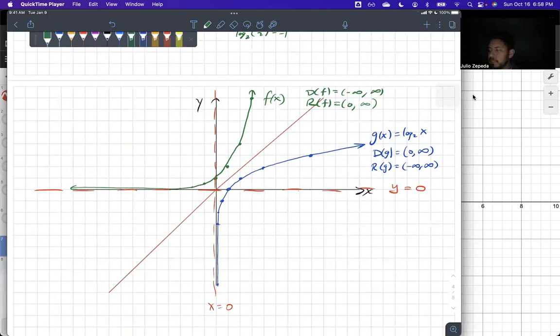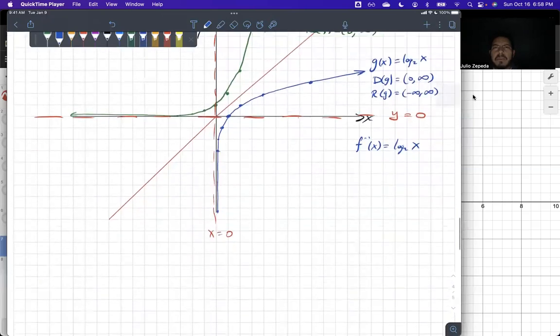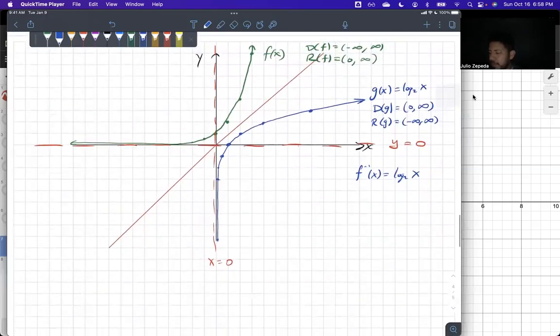They're inverse functions, right? So really we should even write g of x instead, we should write f inverse of x equals log base 2 of x. We can write g of x as the inverse of f. And so if you remember, we briefly also talked about what happens when we compose two inverse functions.